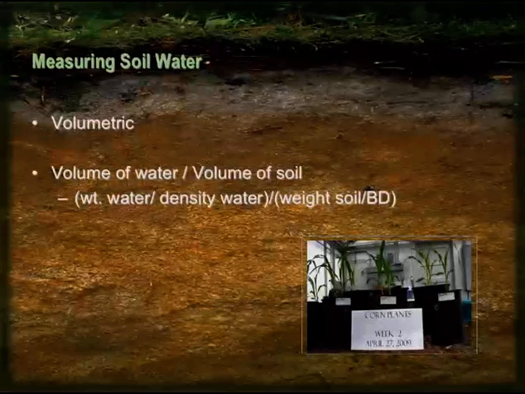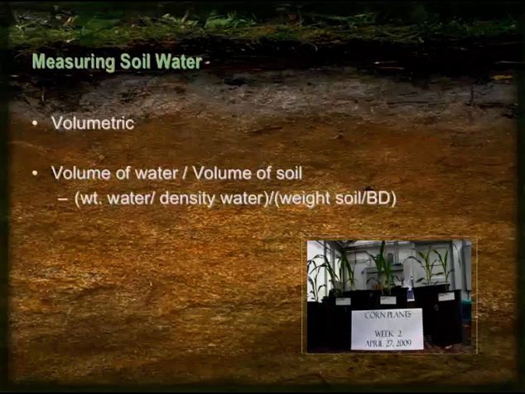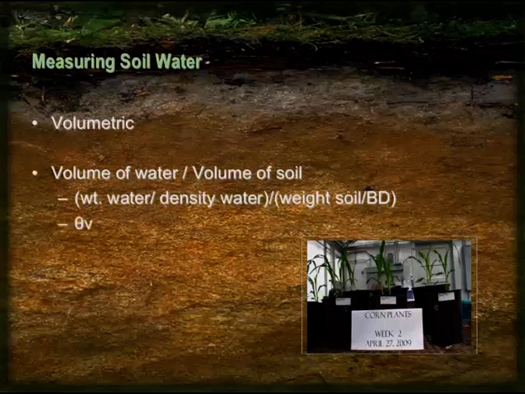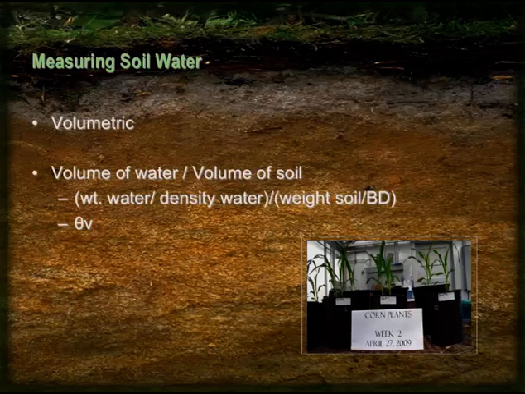It's really hard to do. So we usually do this gravimetrically. What I told you to do is take your gravimetric soil moisture and multiply it by the bulk density. In this case, we're left with theta V. This is our volumetric soil moisture. Okay, just a different measure of water. It's based on volume rather than weight.